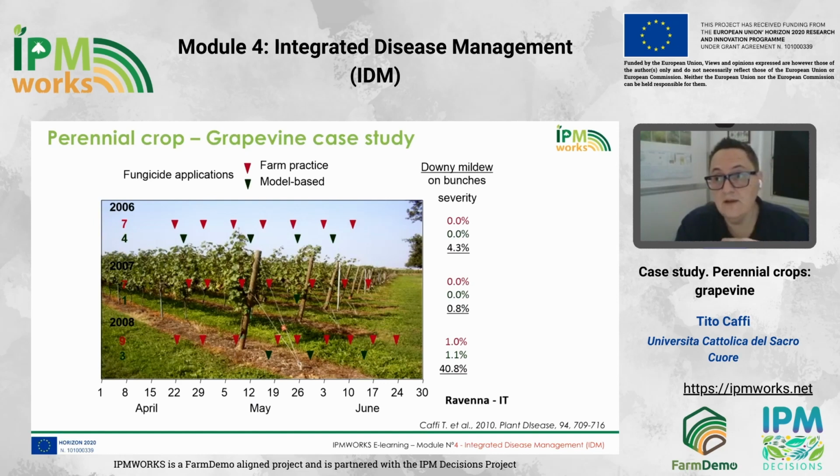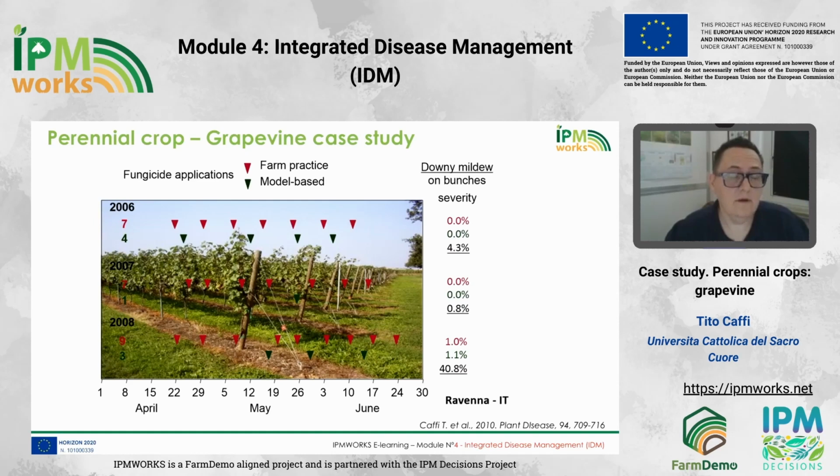This is costly in terms of money, time, and also environmental impact, and many times it is useless, because as you can see in this example in 2007, the very vast majority of the treatments applied by the farm practice were completely useless, because even with one treatment, that probably was not even necessary, we could get a very nice result.